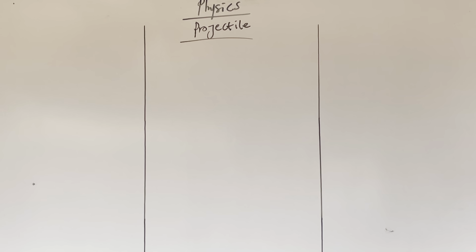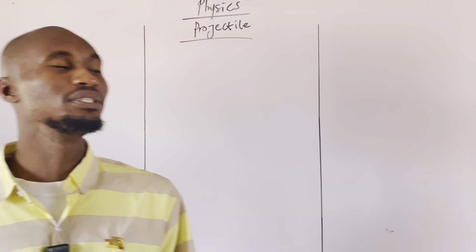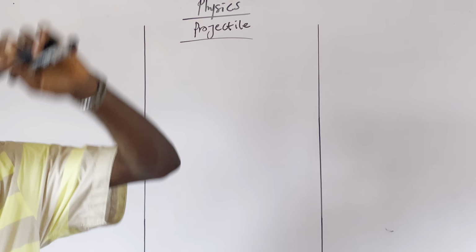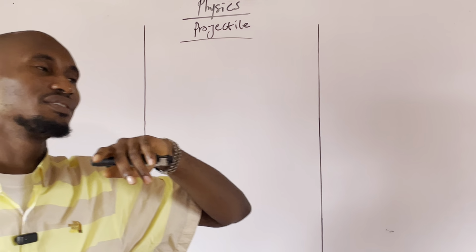Now, what is projectile, if I may ask? Many of us have observed movements of an object as they are being thrown into the air, and we wonder what that is.